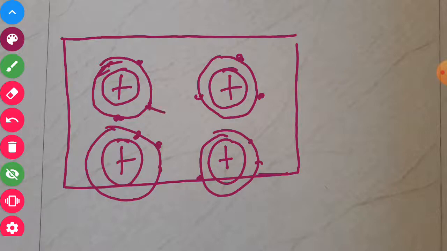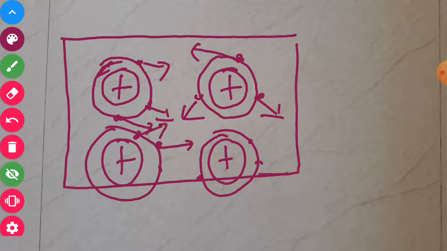Now these electrons will come out of the orbit and they will be moving randomly in the metal.